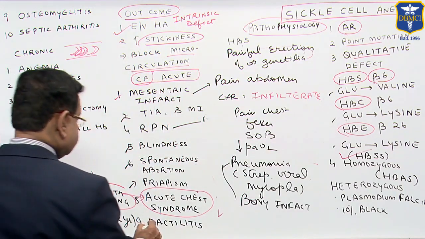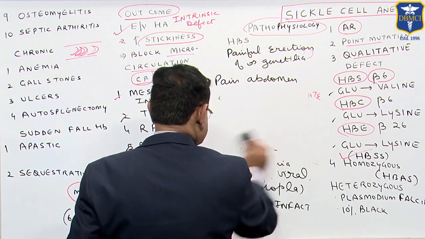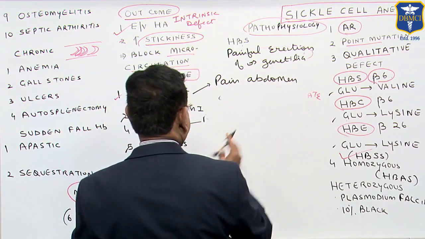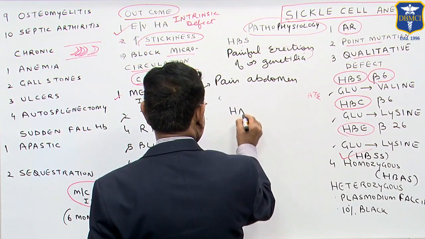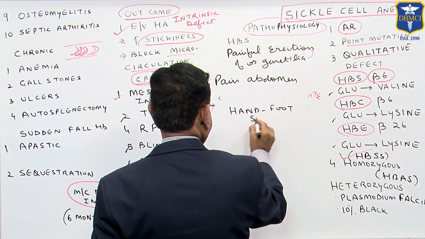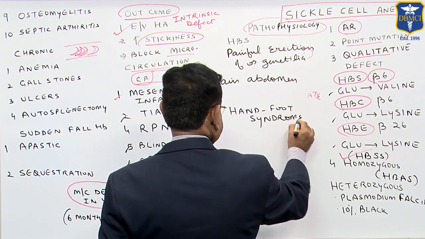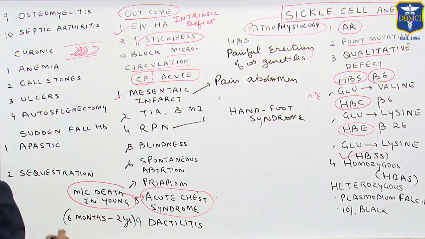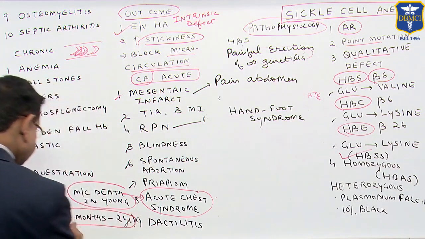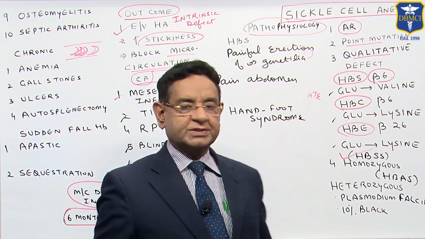The next problem is dactylitis. This dactylitis is also known as hand-foot syndrome. This is classically seen in children between 6 months to 2 years, and it is uncommon after the age of 2 years.